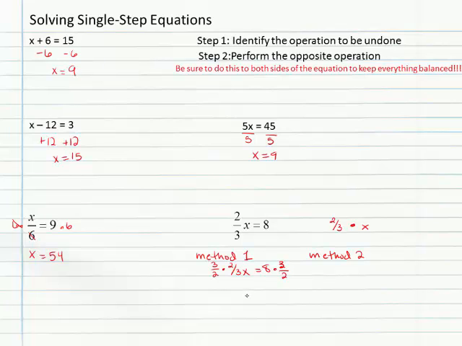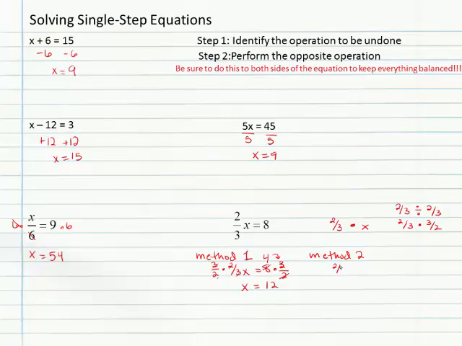And the reason I do this is because when we divide by a fraction, so 2/3 divided by 2/3, we multiply by the reciprocal. These will cancel out, and I'm left with x is equal to 8 times 3/2. 2 goes into 8 4 times, and 4 times 3 is 12.